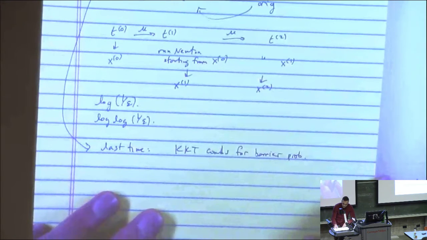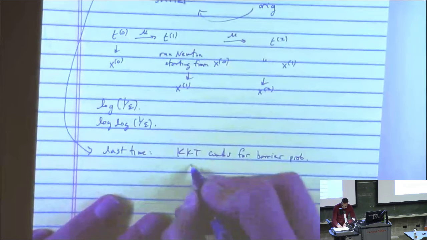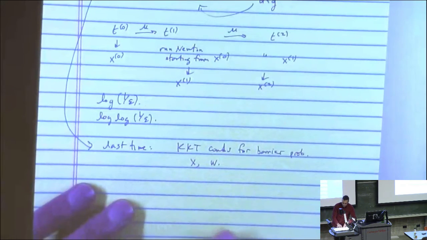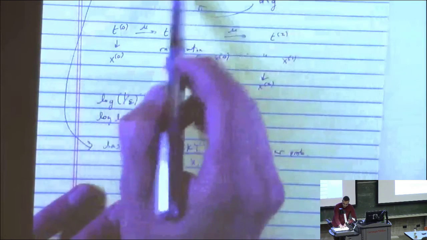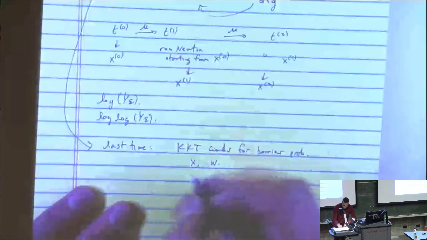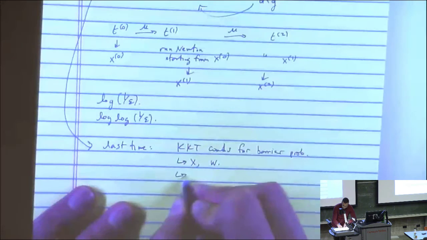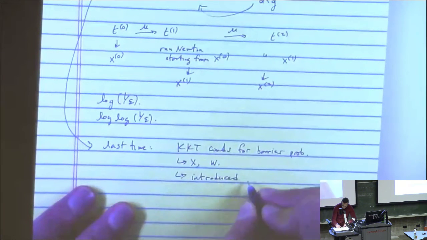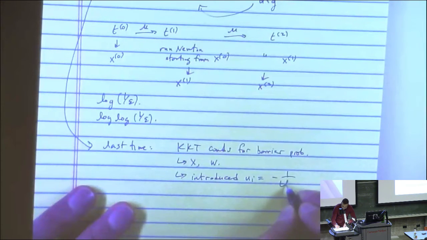Okay, and that had, let's say, a variable x and a variable w. So x was our primal variable, and w was the dual variable corresponding to this inequality constraint. And then we introduced two new variables, u_i, which we defined as minus 1 over t times h_i of x.